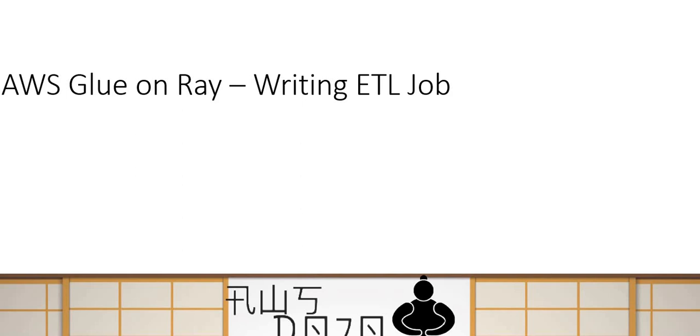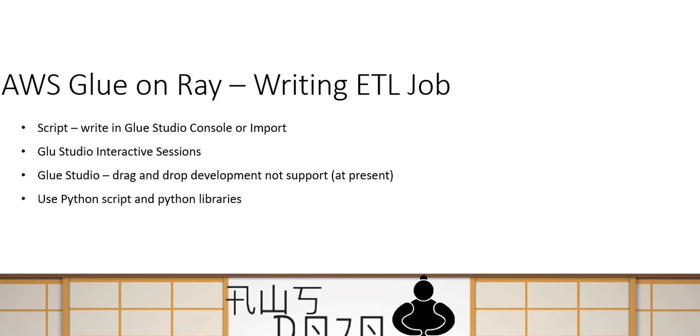So, how can you write an ETL job when you're writing on the Ray engine, or AWS Glue on Ray? So, a few things. You can go to the AWS console, Glue Studio console. You can write your job over there, or if you have some Python script externally available, like on your laptop or in an S3 bucket somewhere, you can also import from there.